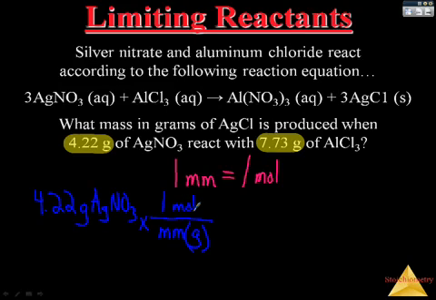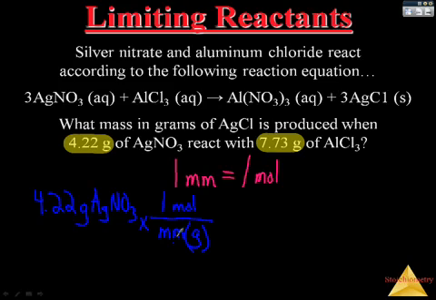Okay, now where do we get this molar mass from? Right off the periodic table. Pick the atomic weight of all the elements in AgNO3 and multiply them times the number of times that they occur in that compound. Oxygen appears 3 times, nitrogen appears once, silver appears once.